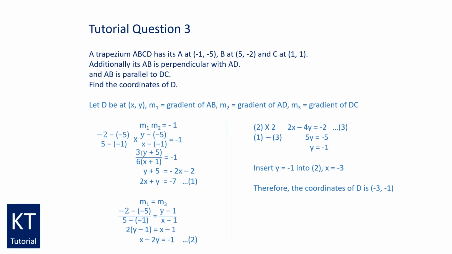This allows us to set m1 equal to m3, and inserting the values of the coordinates into the formula, it allows us to set up equation 2, which is x minus 2y equal to -1. By using the elimination method for simultaneous equations, we could then solve y as being equal to -1, which allows us to get x as being -3. Therefore, the coordinates of D is (-3, -1).